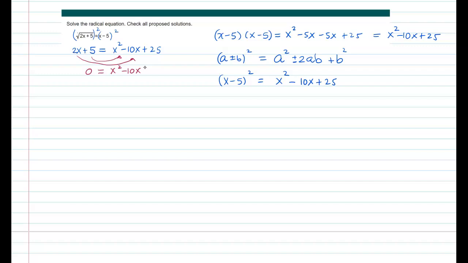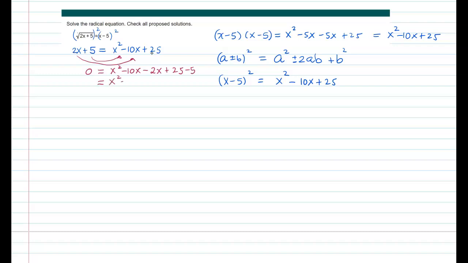But then the 2x here from positive will become negative when moved to the other side. So that would be minus 2x. Then you copy the 25. Then you move 5. So from positive 5, it will become negative 5. So minus 5. Then you simplify your equation.